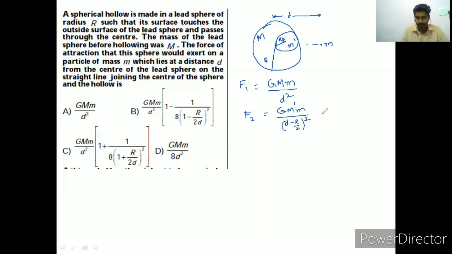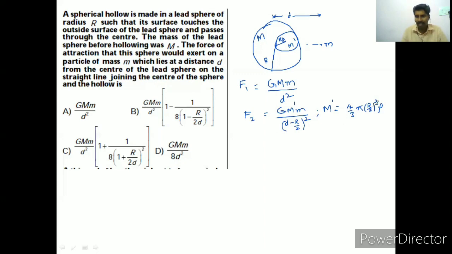So here I will write the m dash value. Mass is equal to density into volume. So density, 4 by 3 pi, r by 2 whole cube, with density rho we can write. So r cube we can get.